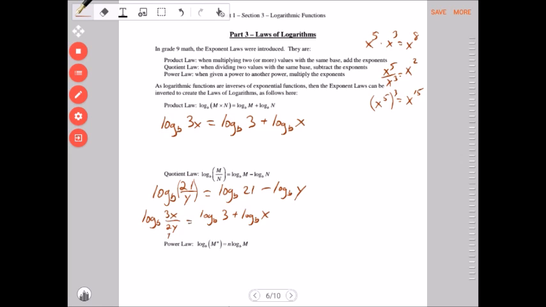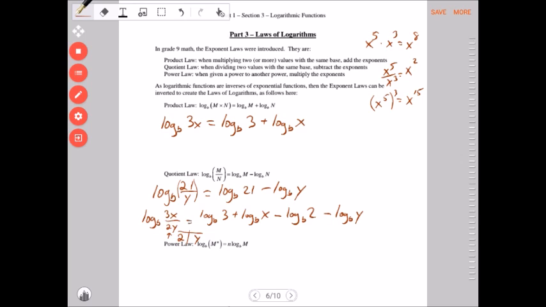Now the 2y on the bottom, we can separate that out into 2 and y, completely separate from each other. So I go minus log base b of 2 minus log base b of y.